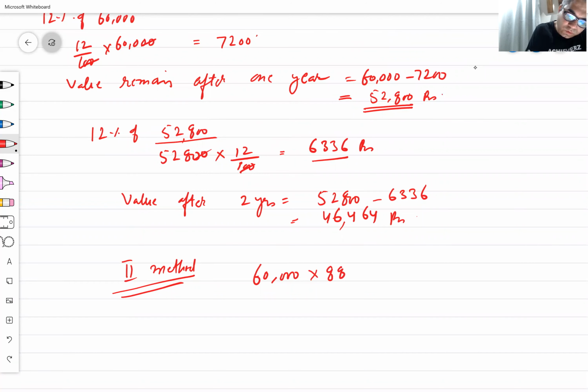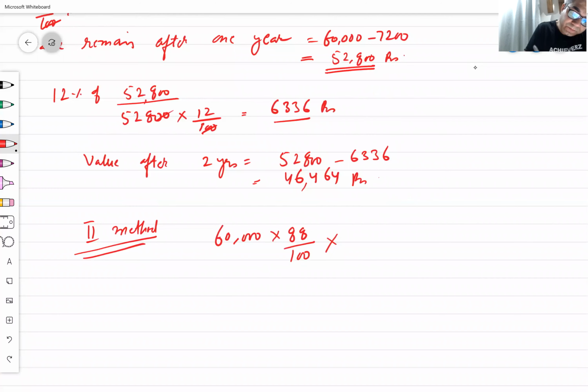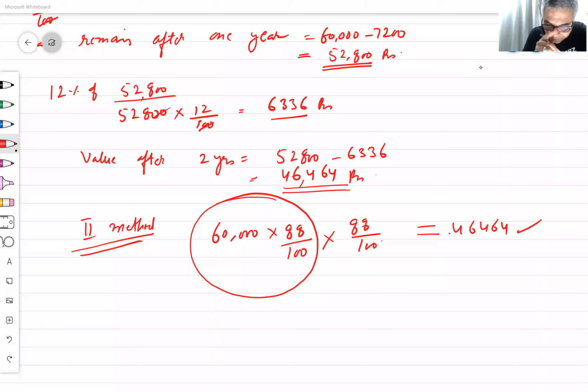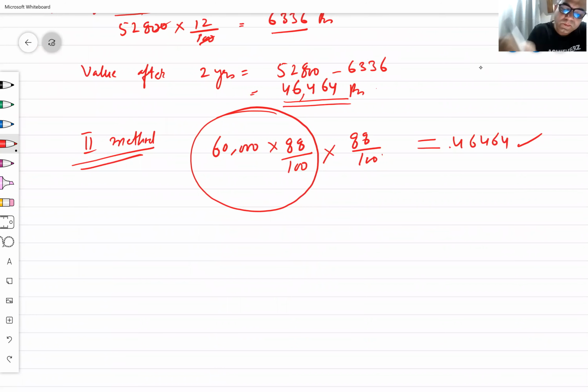So 88 over 100. Once again, this value gets depreciated by 12%, and we get once again 88 over 100. So if you calculate this, this will again give you 46,464. Try and do this. All right. Simply keep on reducing this. Or we can use this formula.